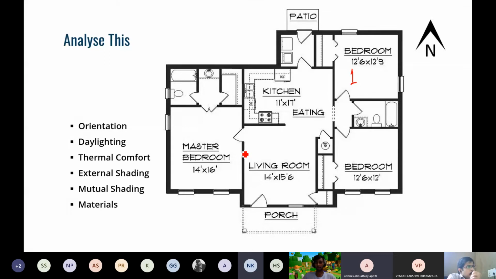If it won't get the sunlight properly, then in the midday it will be like... What do you think? Just say if it is right or wrong, I don't care. Just say. So in the afternoon it must be heat.